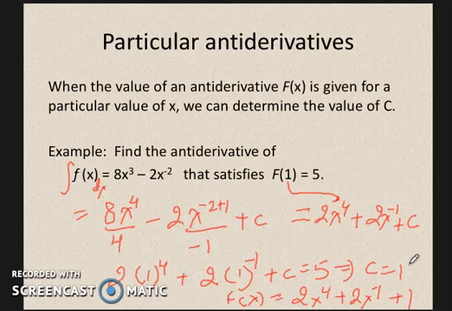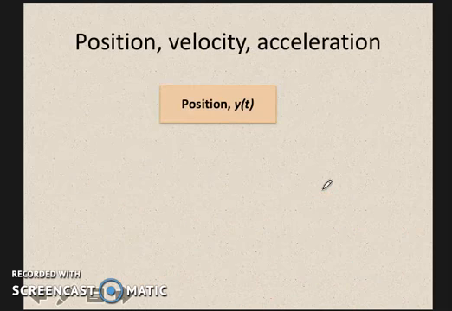So moving on, this tells you how to solve when the antiderivative at some particular value is given. So you know already the relation between the position, the velocity and the acceleration, right?